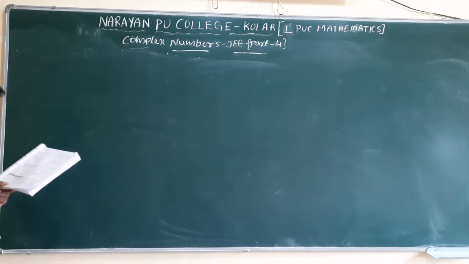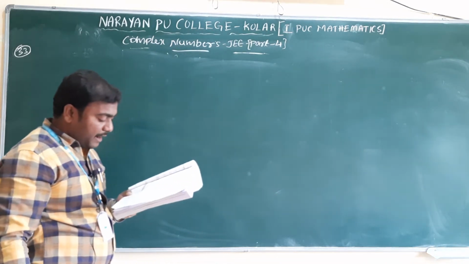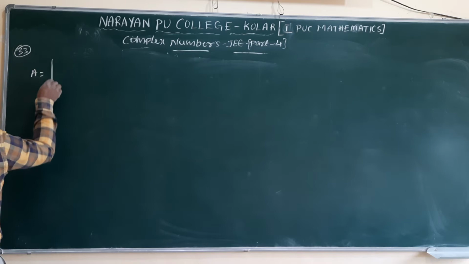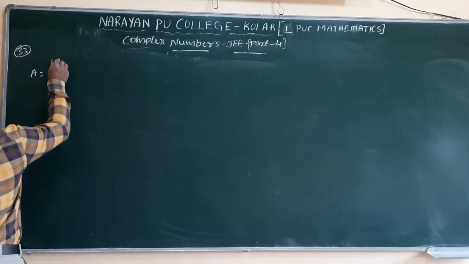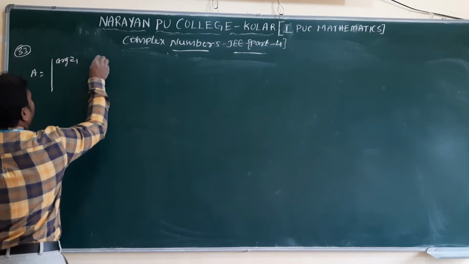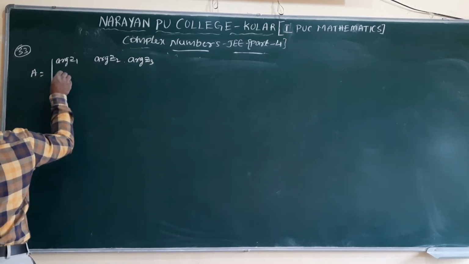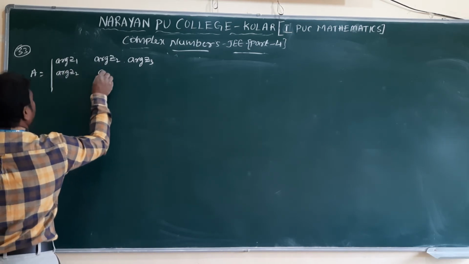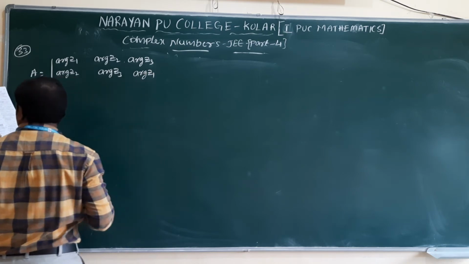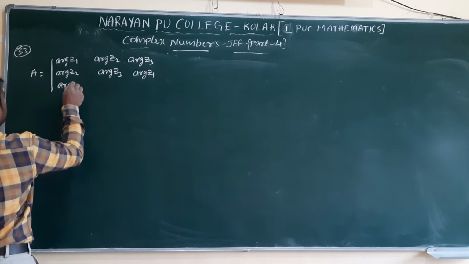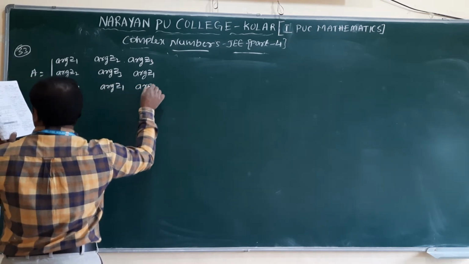Question number 33. If z1, z2, z3 are three complex numbers and A is the determinant with rows: arg z1, arg z2, arg z3; arg z2, arg z3, arg z1; arg z3, arg z1, arg z2.